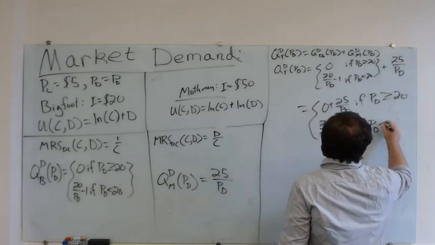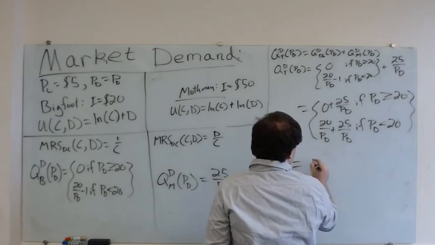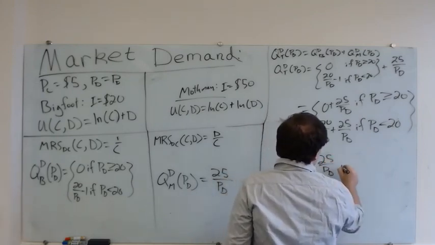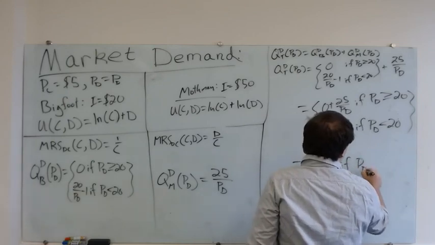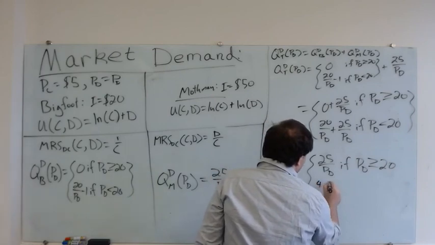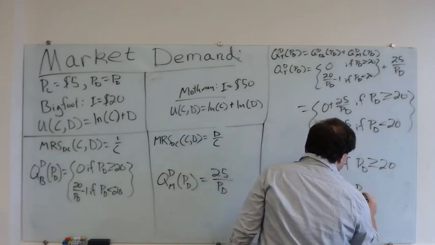This is just going to be 25 over PD if PD is greater than or equal to 20, and 45 over PD if PD is less than 20. And this is our market demand curve.